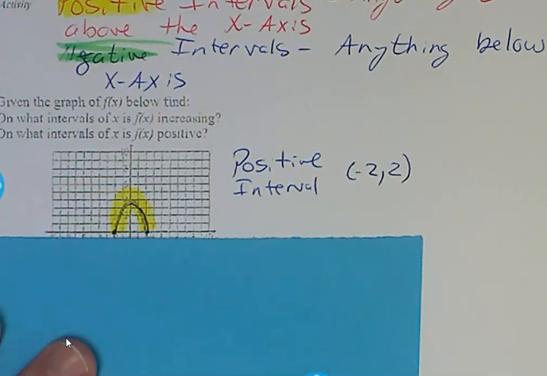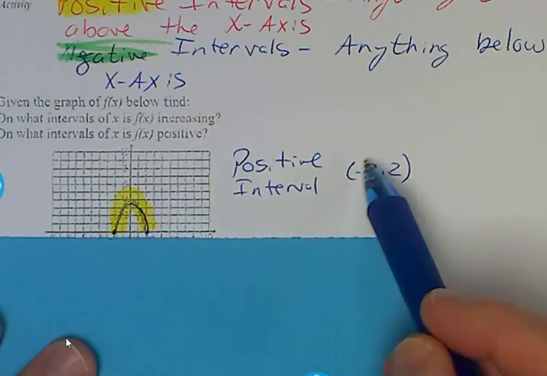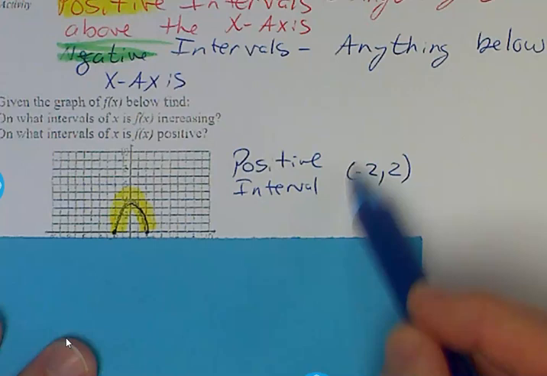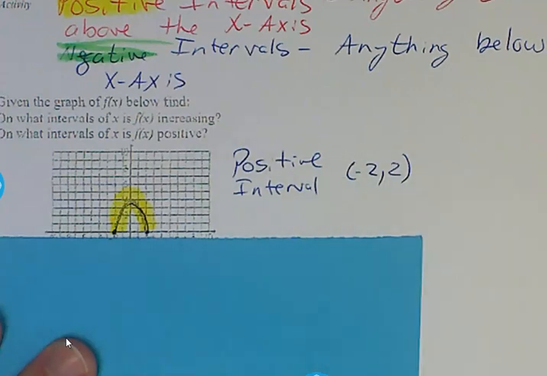Okay, and then same thing with what we talked about yesterday, that at that point it's actually on the axis. So for these, unless it's off somewhere up here, most of the time we're going to be using parentheses, more than likely.